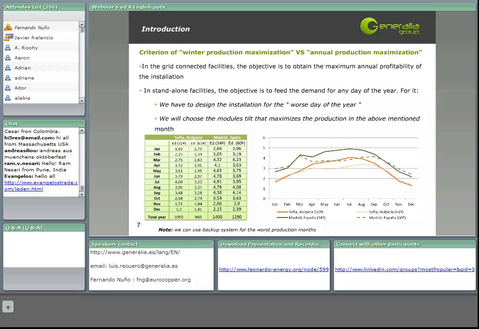But if we choose a different tilt, we can optimize the production during this month and get it to 2.4 kilowatt hours per day. Even if we are losing production during the total year, we have to consider that this might be interesting for us, because we maybe don't need so much production during the summer days.